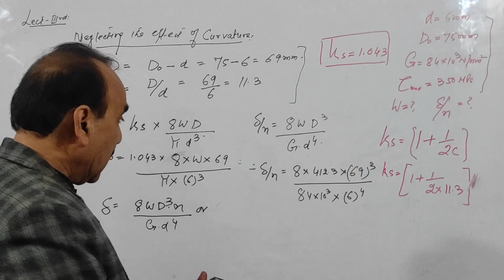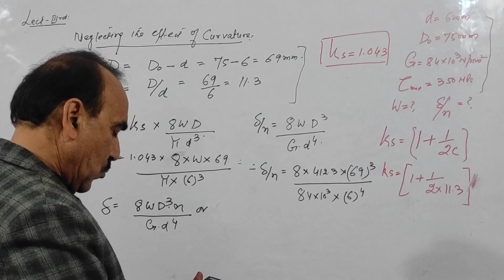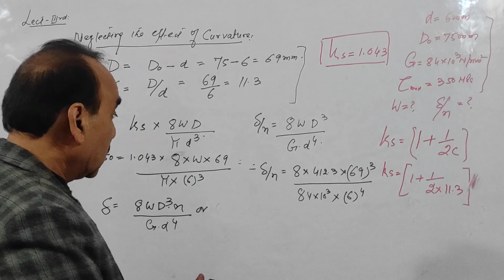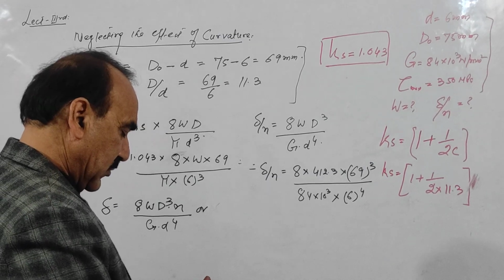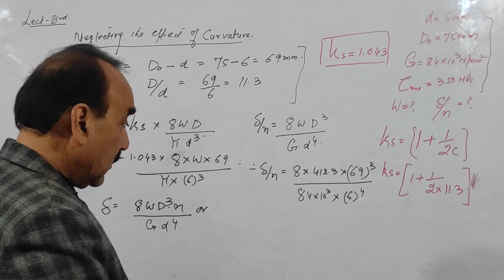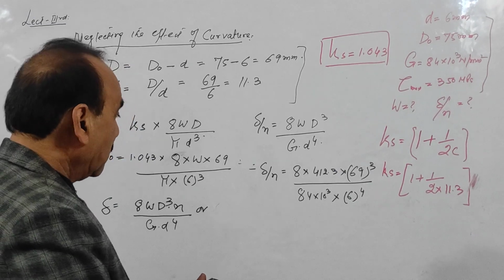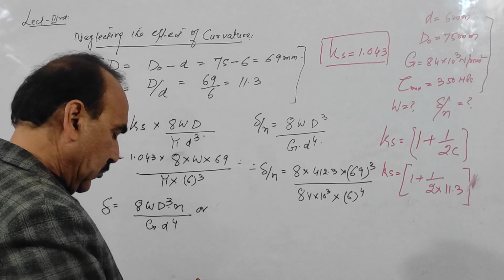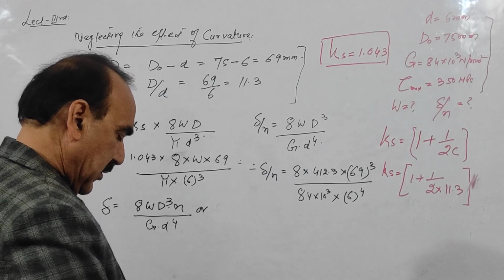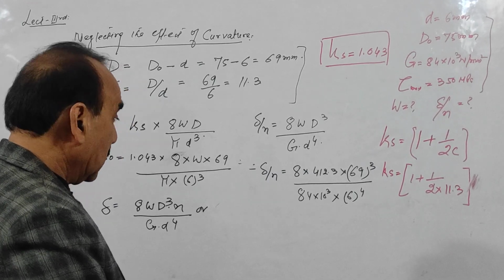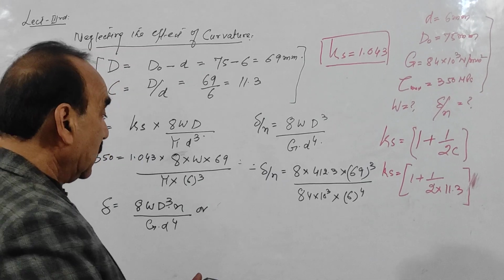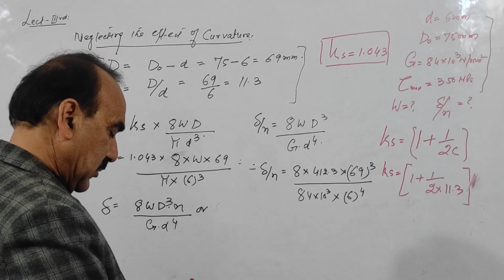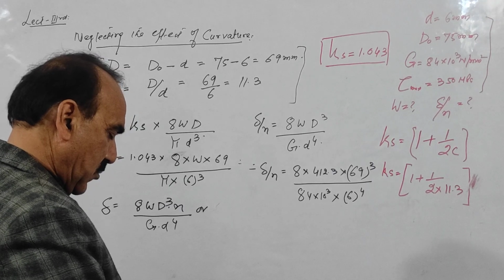Use the calculator. 8 into 413 into 69 raised to power 3 divided by 84 into 10 raised to power 3 into 6 raised to power 4.